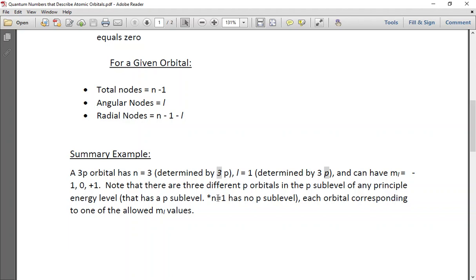And when we get into the third principal energy level, that's where we finally have an s sublevel, a p sublevel, and a d sublevel. So basically it goes like that. In the first principal energy level, only s, and then when we go to the second, we get s and p. And they continue increasing in that way.